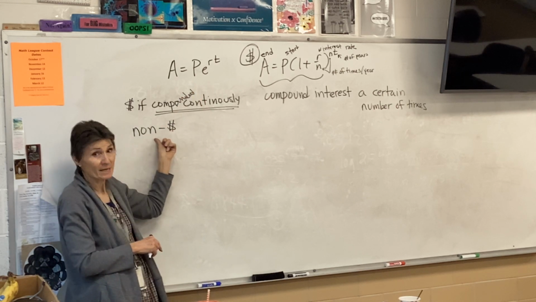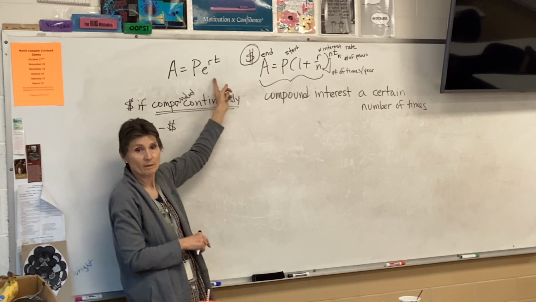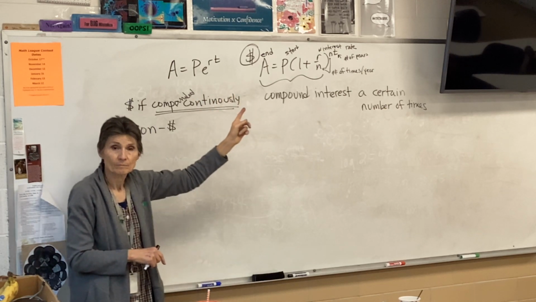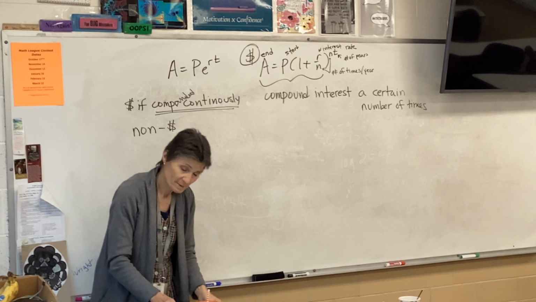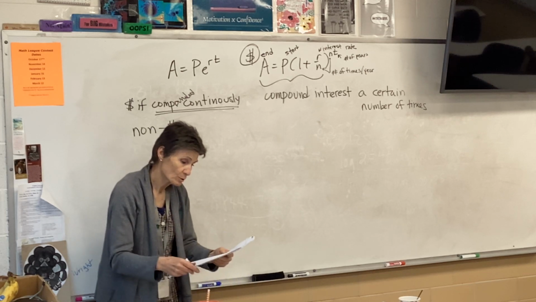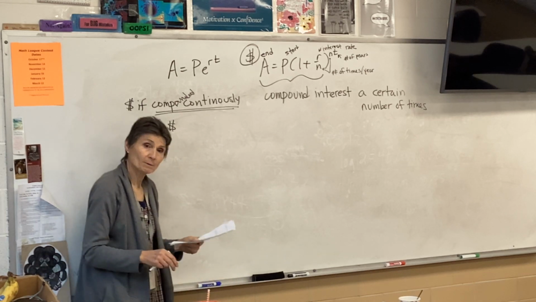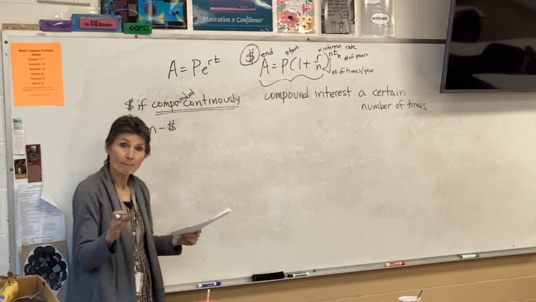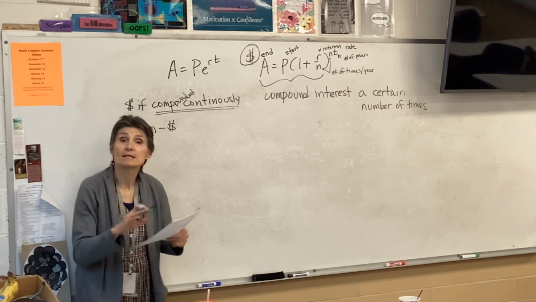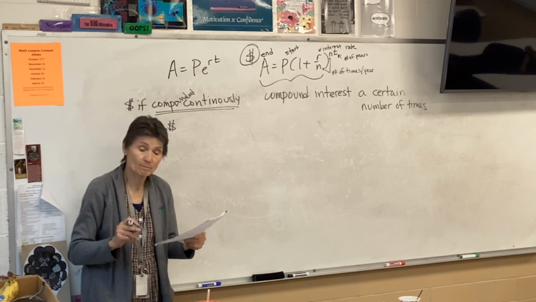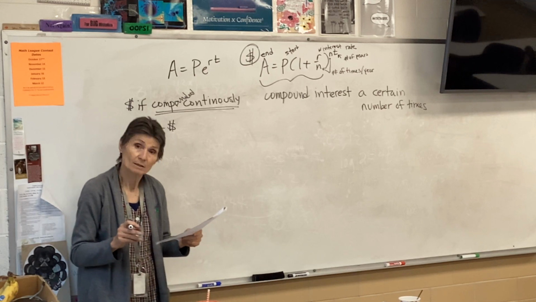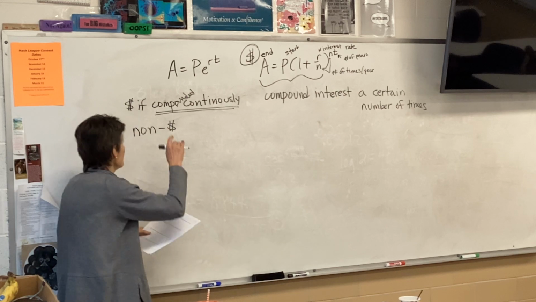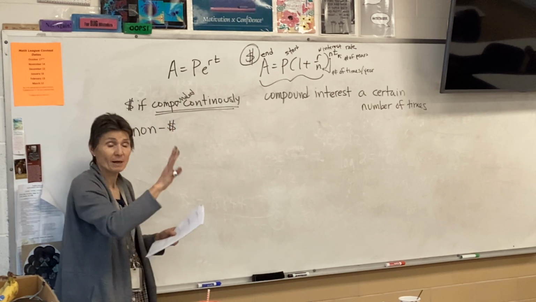If it's not money at all, then it's going to be PERT. So I'm going back to my problem set, my notes, and problem number 3 says it's not money. Problem number 3 is not money. It's about some organism called geosites. So I know I'm going to use this formula because it's not money.